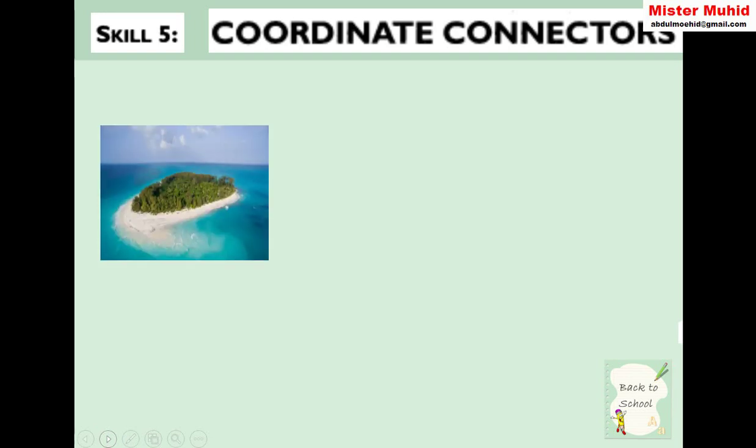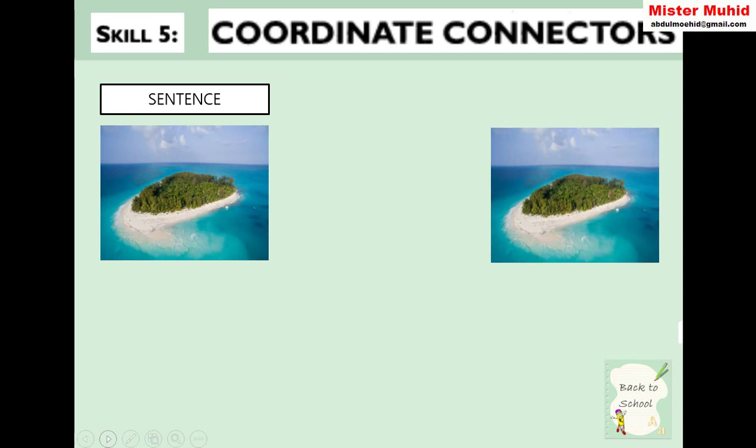Let's say this is a sentence. An island is a sentence. So what is a sentence? A sentence is a group of words that at least has a subject, predicate, and complement or object. So if it is only one island, it is one sentence. So when I have another island, it can be two sentences.